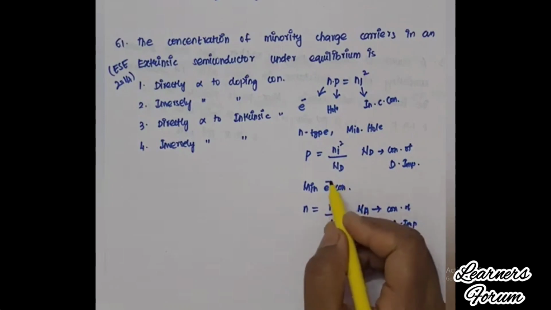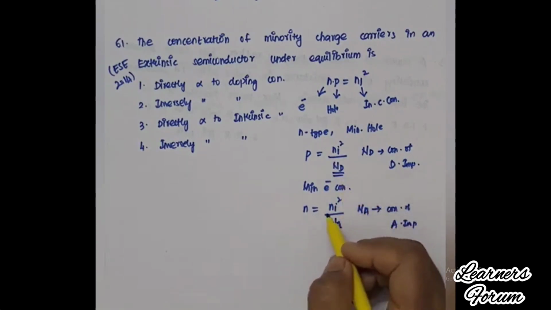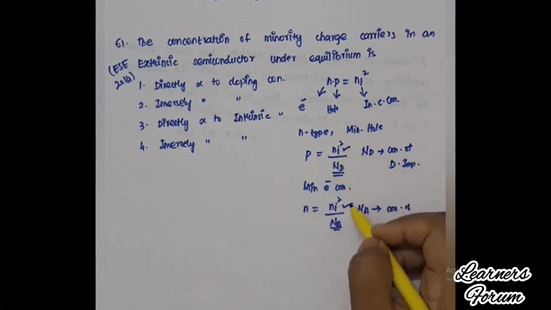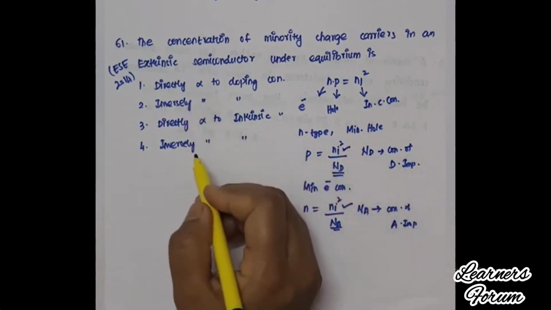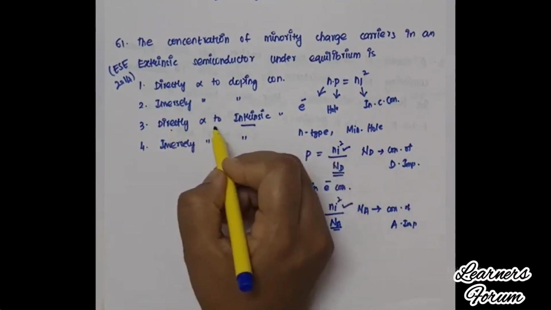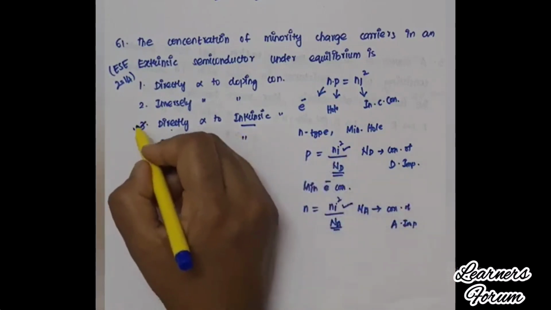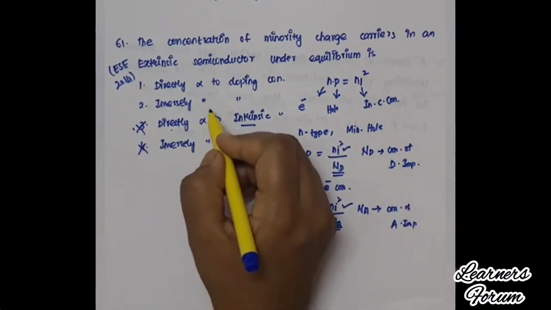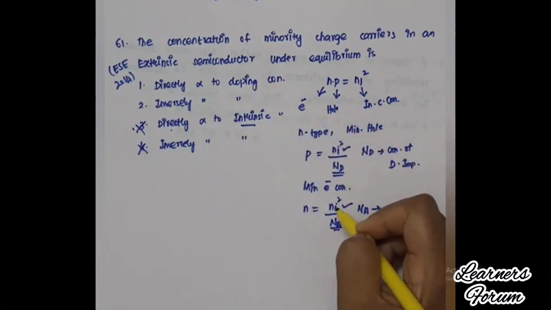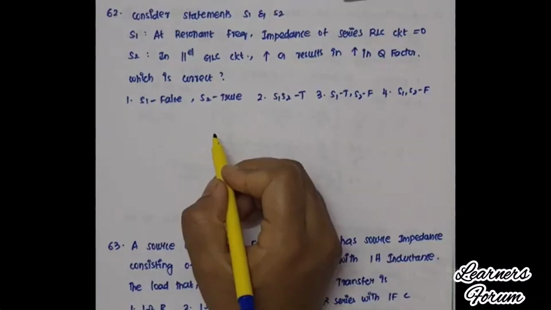So these are the two equations, and we can see that in both, Nd and Na are inversely proportional, the doping concentration, whereas ni, the intrinsic concentration, is in the numerator, which is directly proportional. So directly proportional to intrinsic concentration is available, but here we have a square, which means option 3 and option 4 are wrong. Looking at the first two options, we have directly proportional to doping concentration, but here it is inversely proportional, so option 2 is our correct answer.